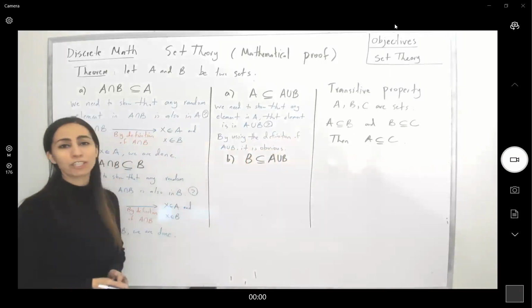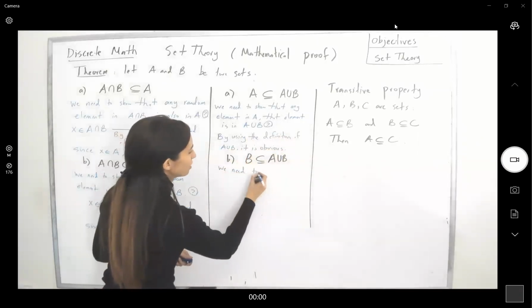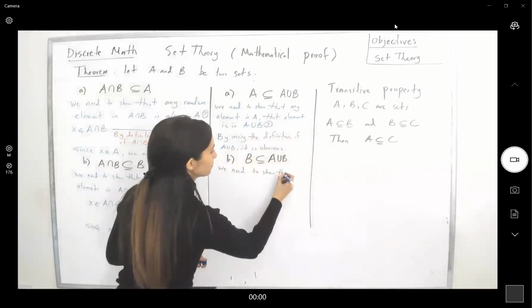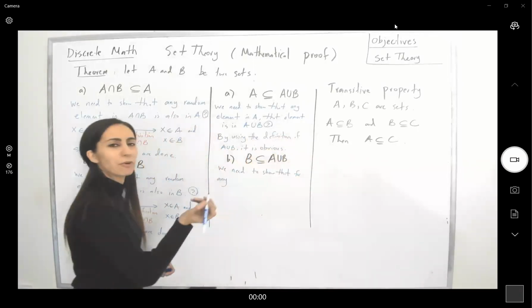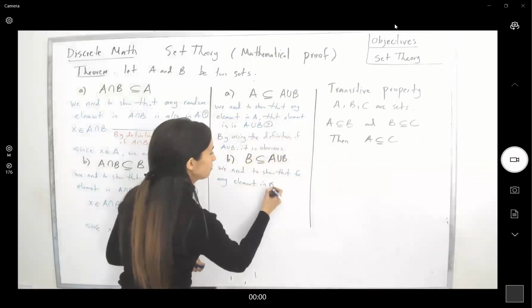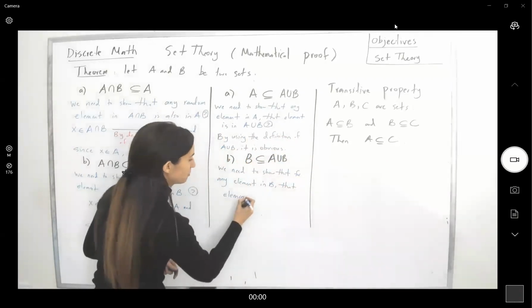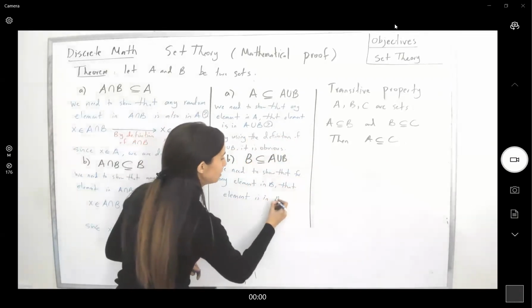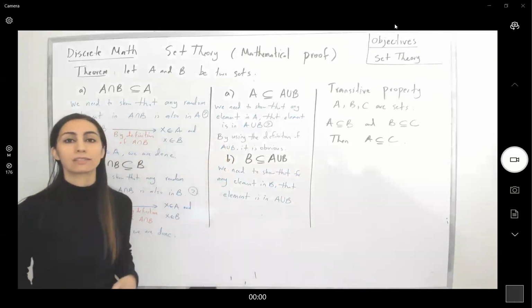The same for part B. You need to show that, this is the logic behind it. You need to show that for any random element in B, that element is in A union B. B union with any other set.